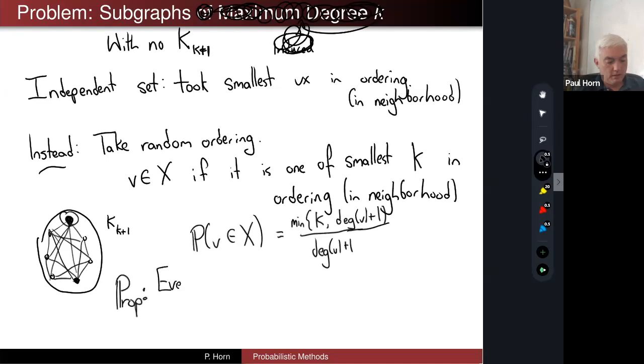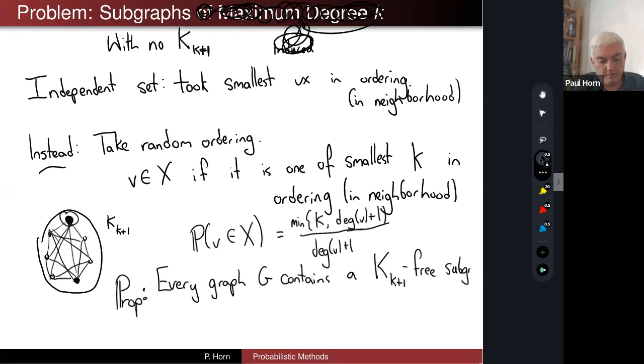Every graph G contains a K sub K plus 1 free subgraph on, now I take this minimum of K over degree of v plus 1, vertices.